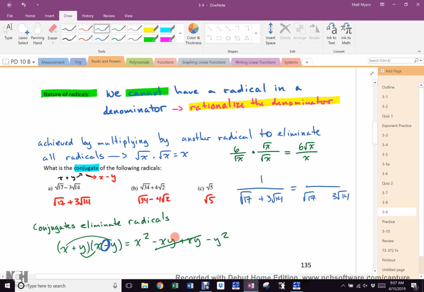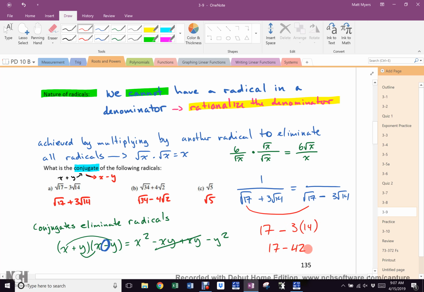And in this case, wouldn't those middle terms be radicals? And that's what I'm trying to get rid of. So I have to do a negative there. Which gets me for an answer, 17. And then I know the middle terms are dropping out, yes? Minus 3 times what's root 14 times root 14? 14. So my denominator becomes 17 minus 42.